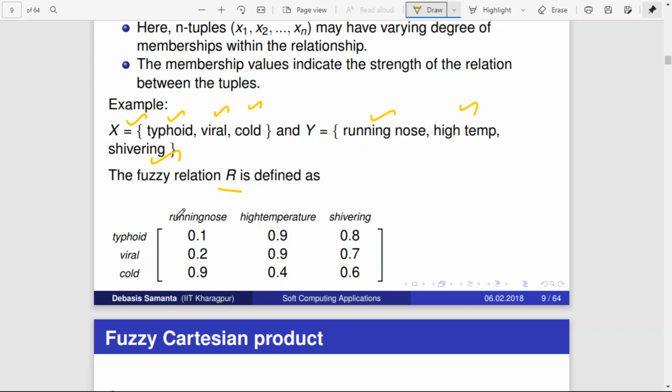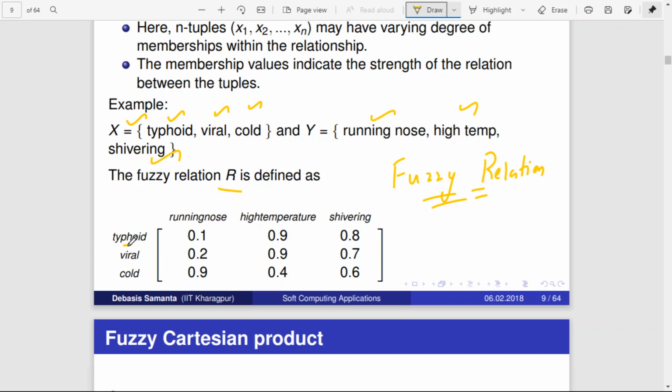How we got this relation, we are not discussing that. We are just trying to understand how a fuzzy relation differs from a crisp relation. In a crisp relation, the entries in the matrix will take only values either 0 or 1, whereas in a fuzzy relation it will take values between 0 and 1, right?